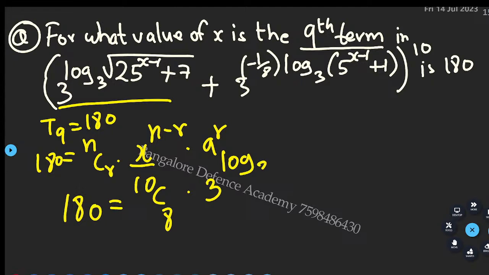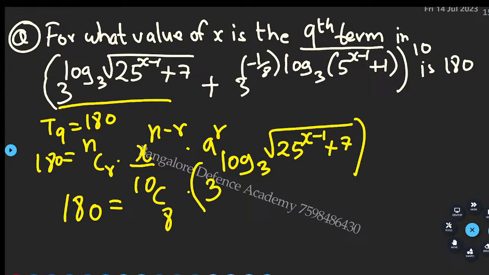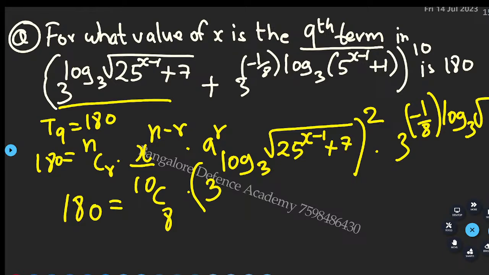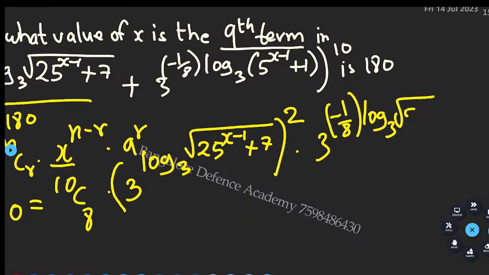3 to the power of log base 3 root of 25 to the power x minus 1 plus 7, this is in brackets to the power n minus r. 10 minus 8 is how much? 2. Keep this in mind, it's very easy after this step. You will feel there is nothing in this question. Into what? The second term: 3 to the power of minus 1 by 8 log base 3 of root 5 to the power x minus 1 plus 1.